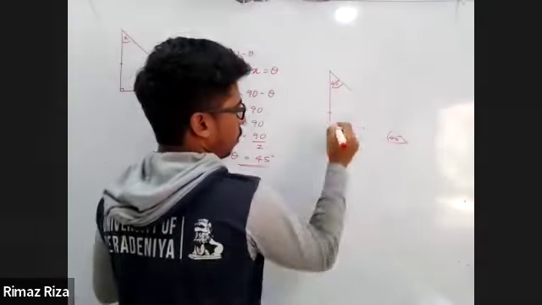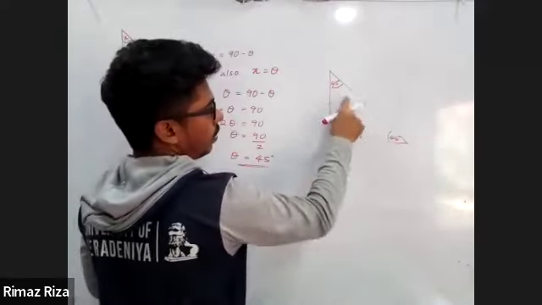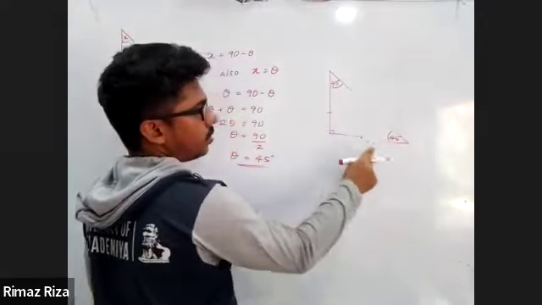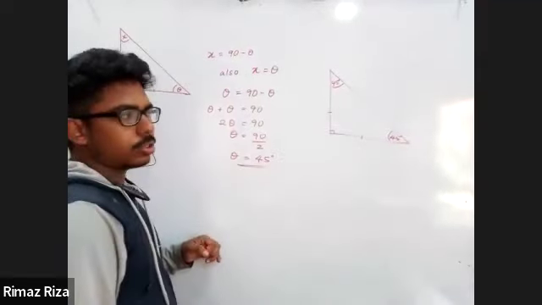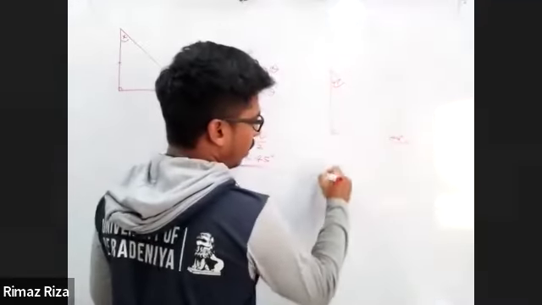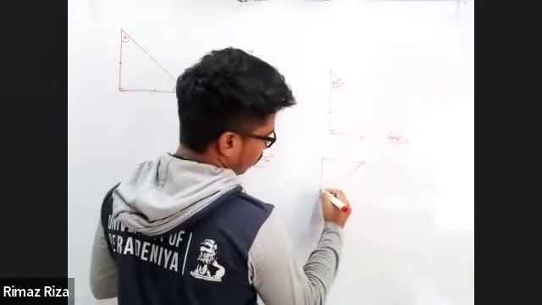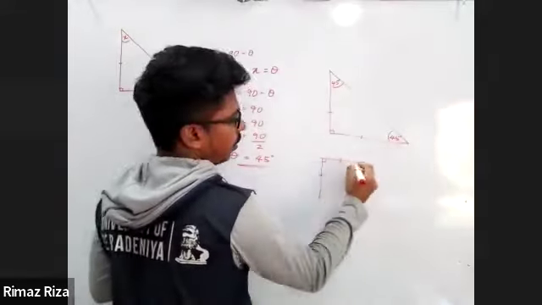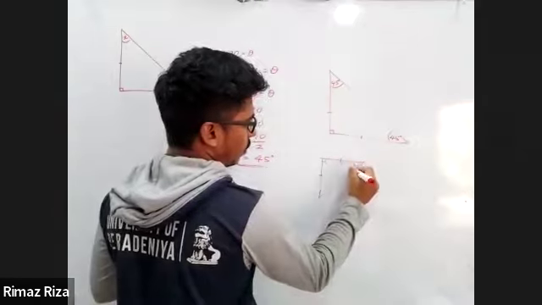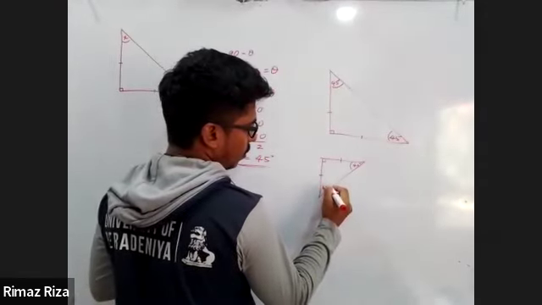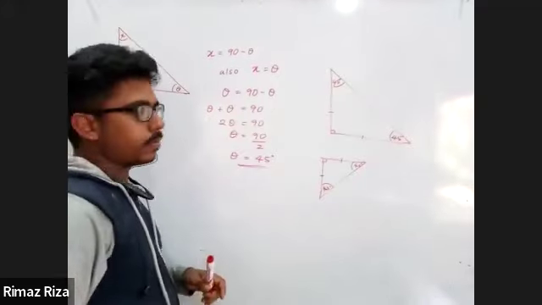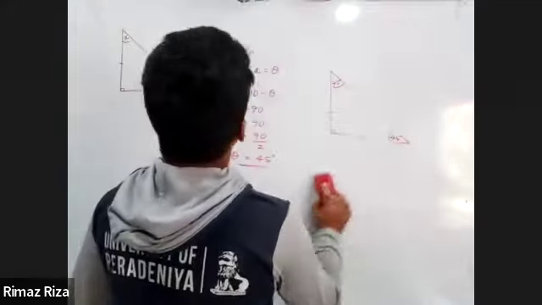So these angles are 45 for a right angle isosceles triangle. That you should know. If you see a right angle isosceles triangle, with this side equal to this side and the angle here 90, that means this is 45 and this is 45. Do you understand? Clear? Okay, so write down.